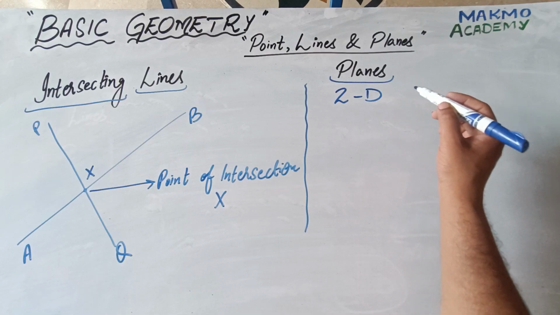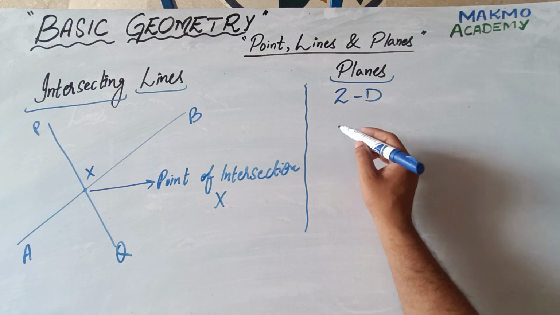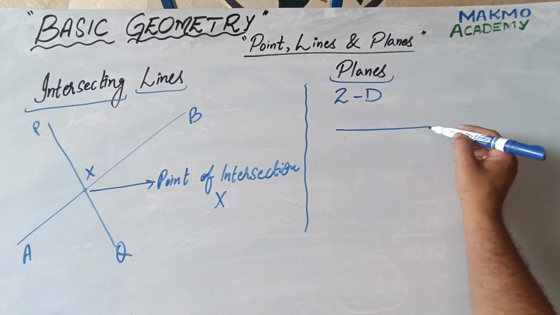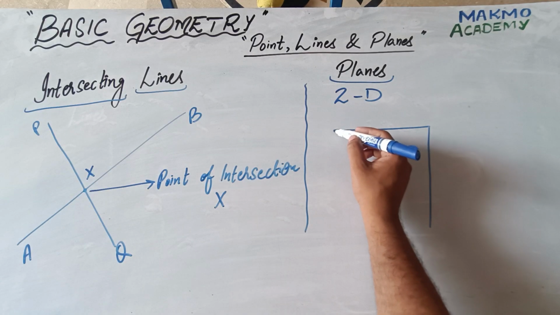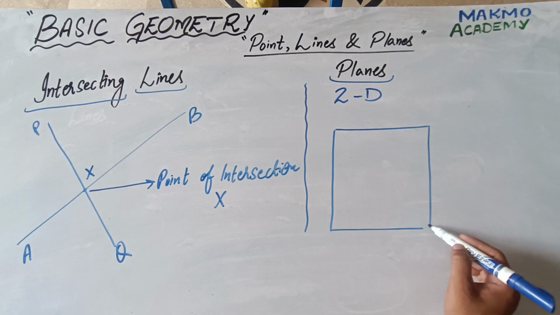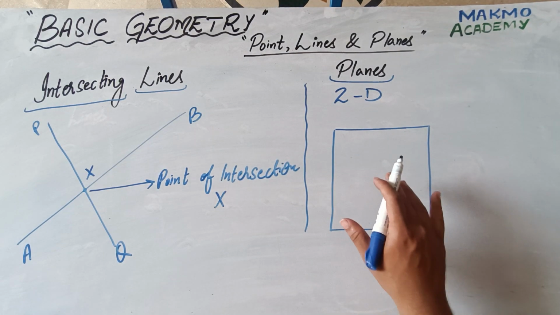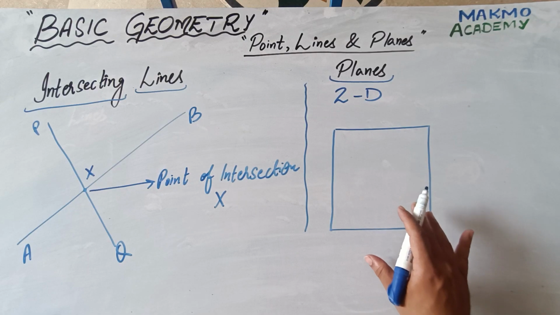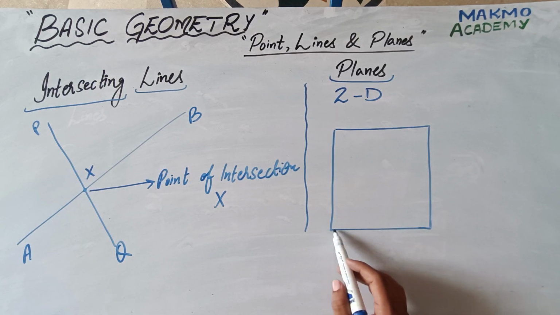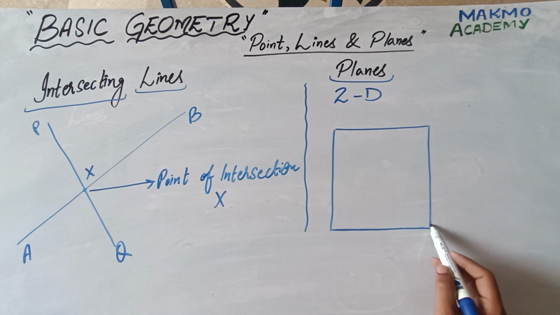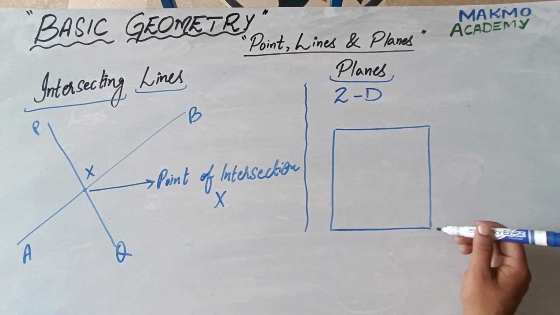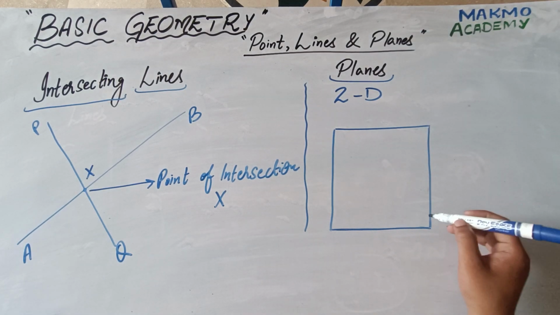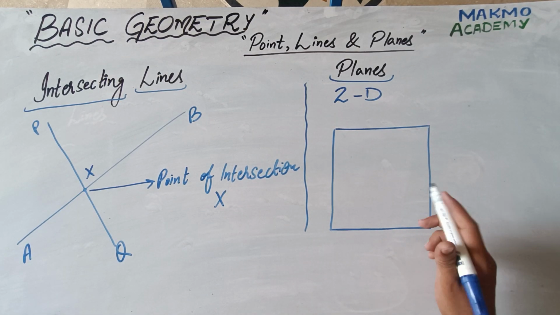It's a 2D. It has length as well as breadth, just like the board. We are having a board in front on which we are doing the working. So this board is a perfect example of a plane where I can draw length and breadth, but I cannot draw the thickness of any object on this plane.